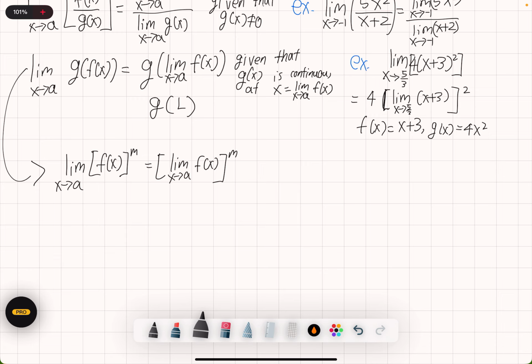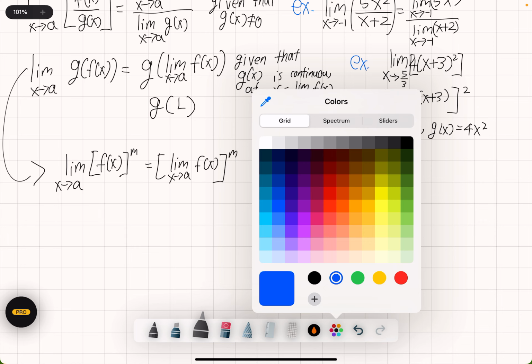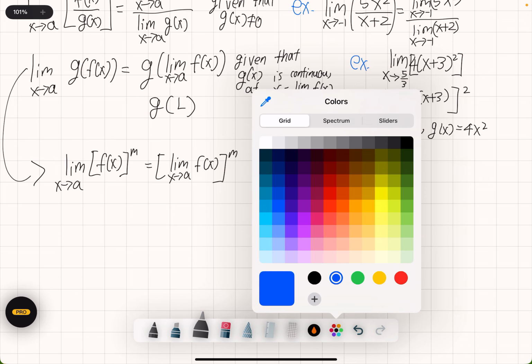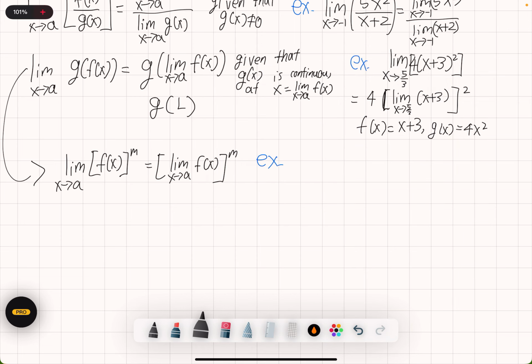And an example would be the limit of 5x to the power of 10 as x approaches a equals the limit of 5x as x approaches a, to the power of 10.